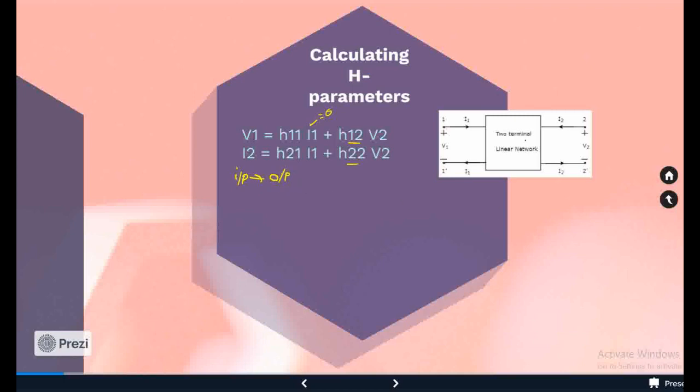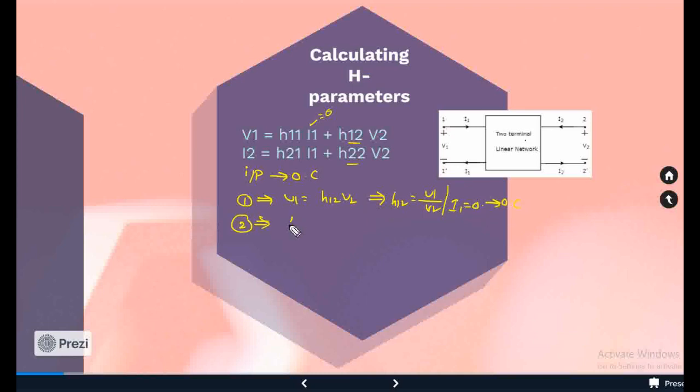Making the input open circuited, the first equation becomes V1 equal to H12 V2, then H12 equal to V1 by V2 with I1 equal to 0.